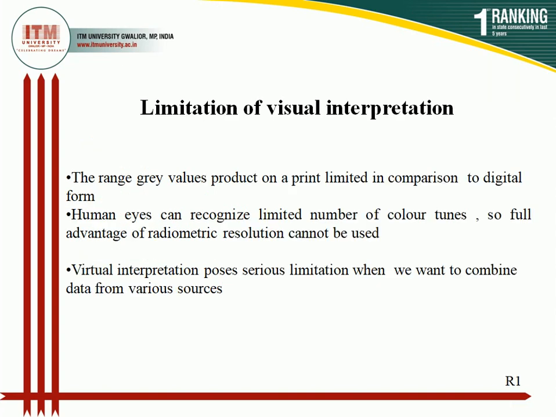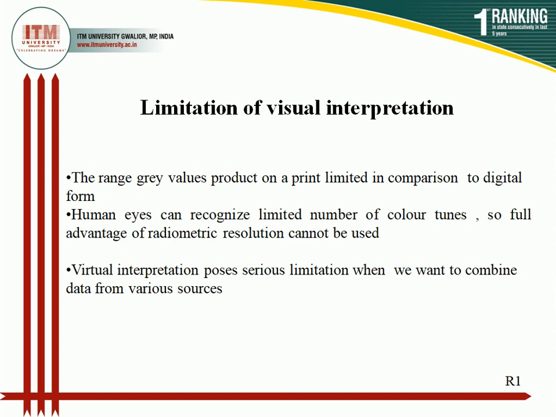There are a few limitations of image interpretation. A human eye can differentiate between 10 to 20 colors or 10 to 20 shades of gray; it is unable to differentiate much more. There are a lot of shade variations for a particular color, so the human eye does not have that much power to differentiate between different shades of gray. It has a limitation, so exact interpretation cannot be made.